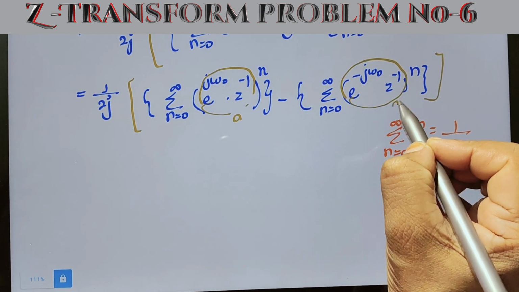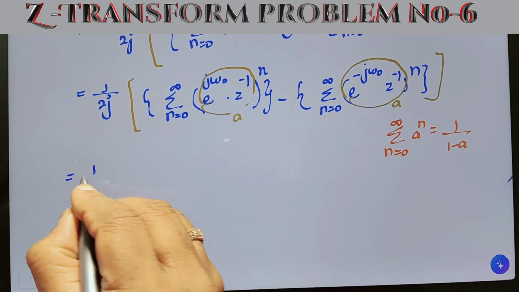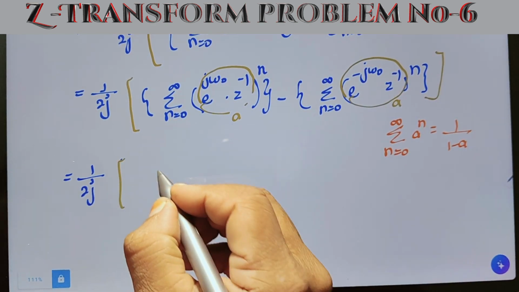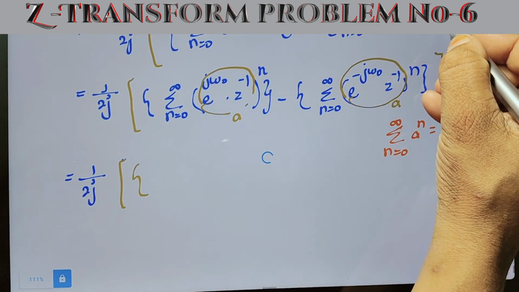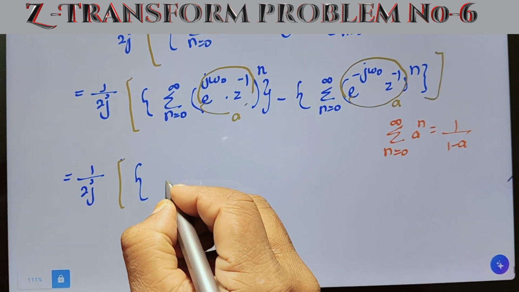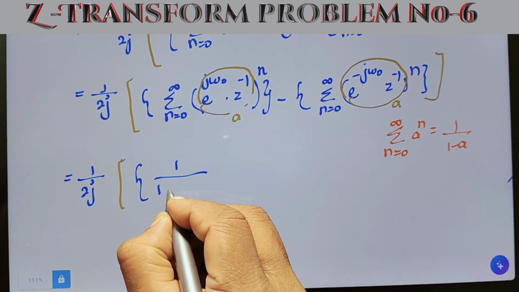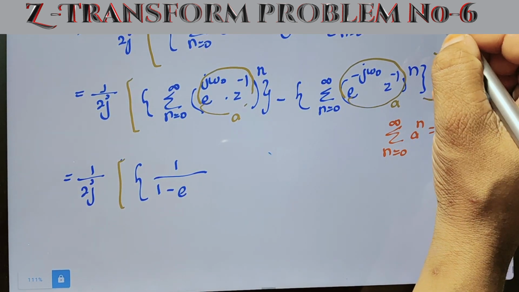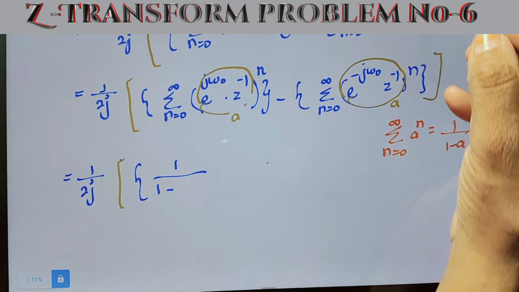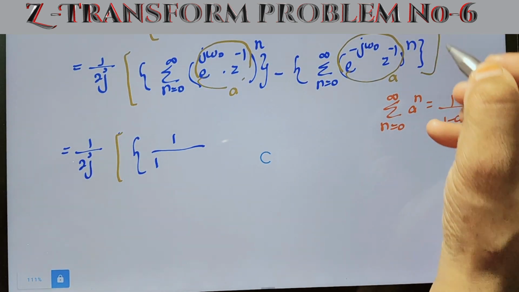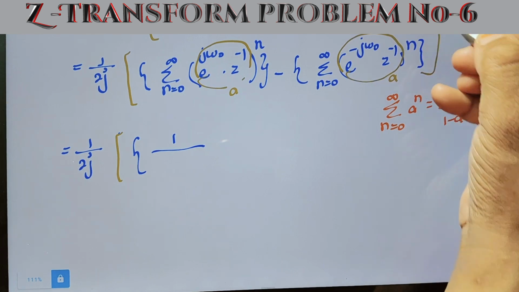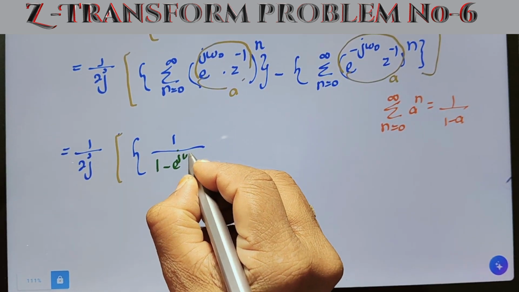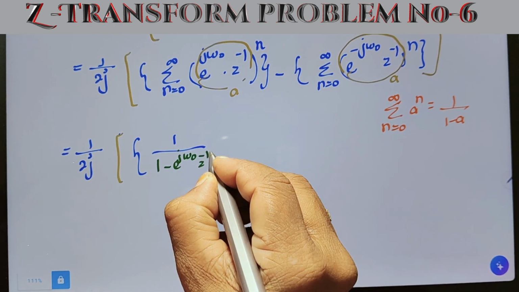Equal to 1 by 2j, then open the bracket and apply the formula. 1 by 1 minus the term e power j omega naught into z power minus 1.